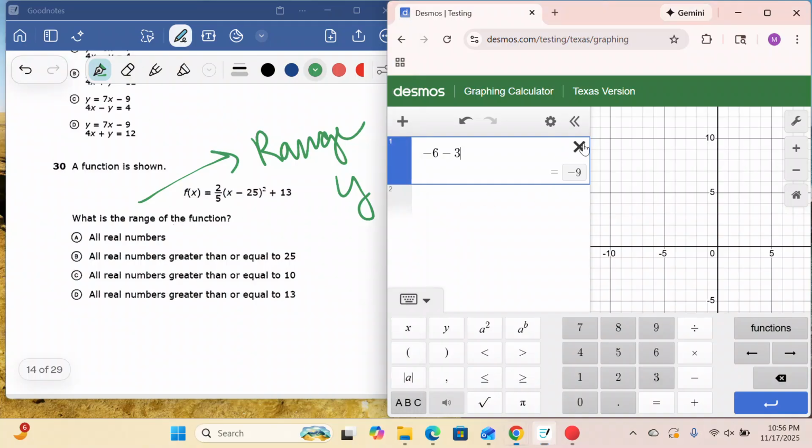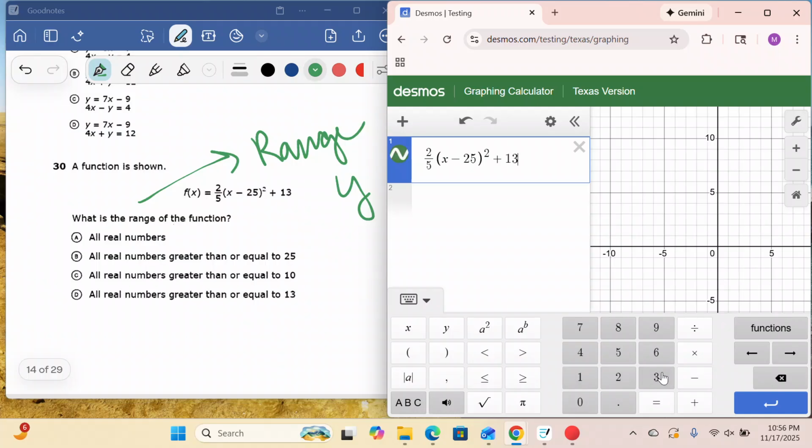I'm going to put 2 divided by 5, and I'm going to do the space. I'm going to open parentheses, x minus 25, close parentheses, quantity squared. How do I get the quantity squared? I raise it to the square. And then I go positive 13.